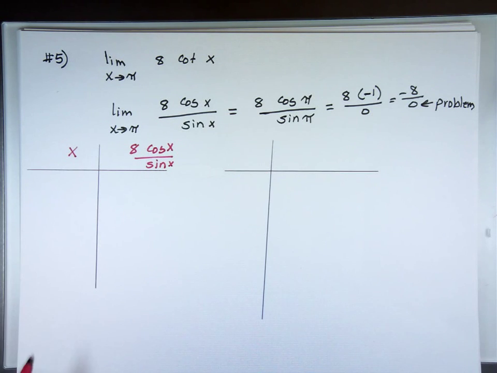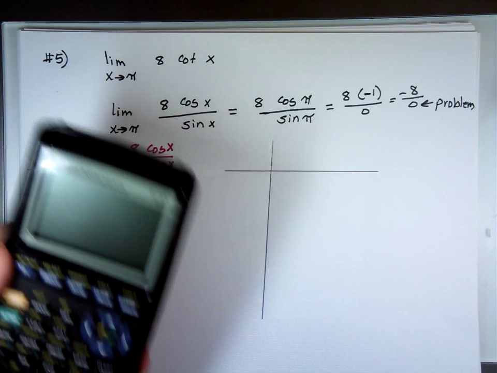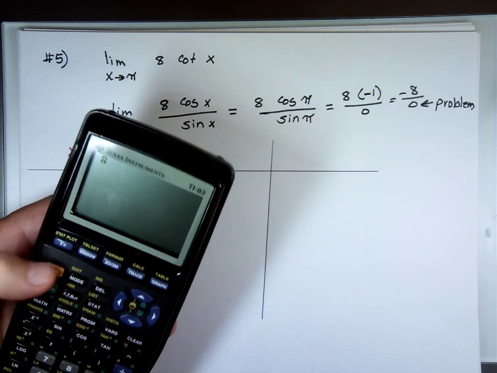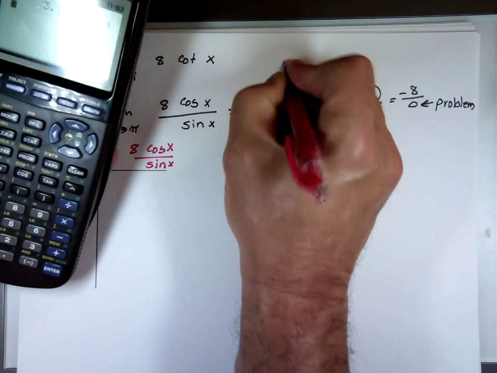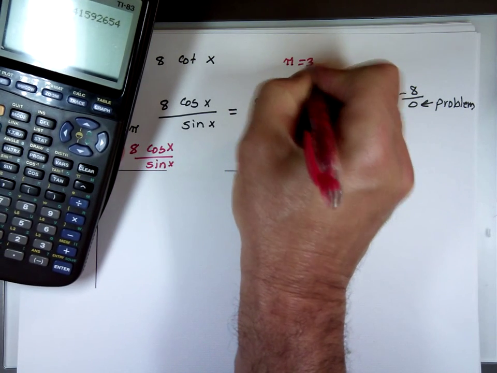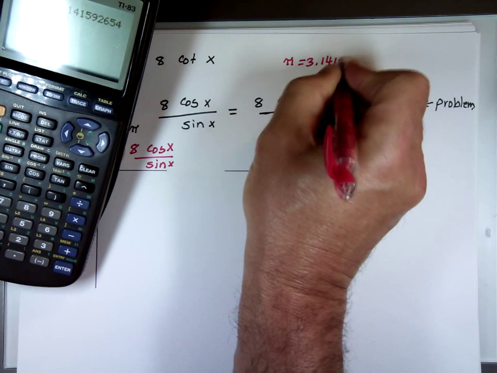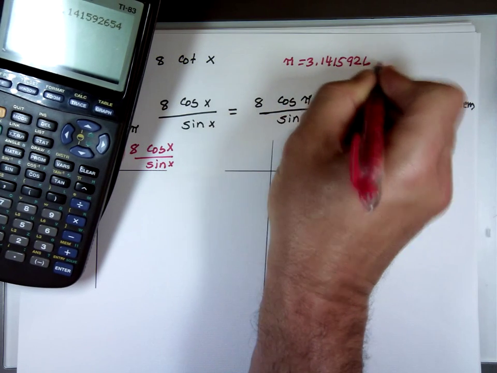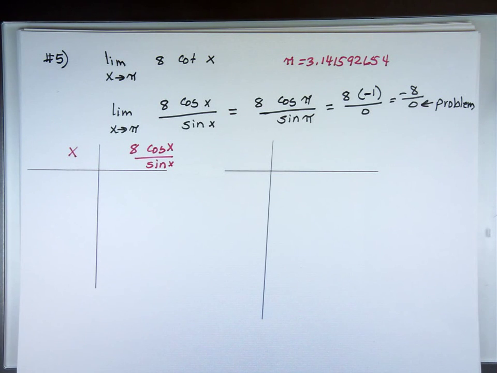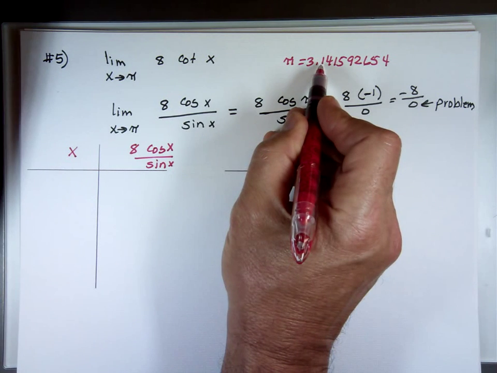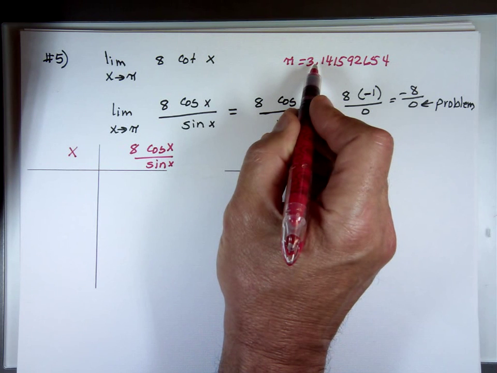Now, what is pi equal to on your calculator? It's 3.141592654, right? So let's look at it from the left side.